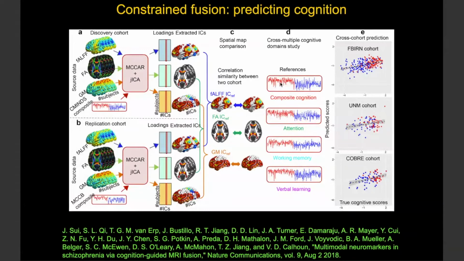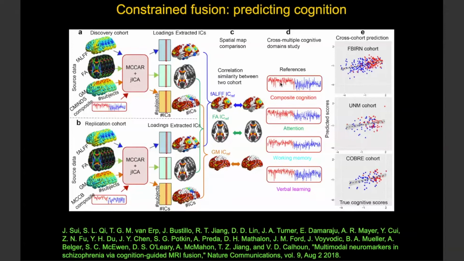The first thing we did was once we generated this, we did the same thing in an independent data set. It was a slightly different measure, but it was, again, an overall cognitive score, the MCCB, MATRICS Consensus Cognitive Battery, and compared the 2 sets just to see how consistent they were, and actually they were highly consistent with one another.